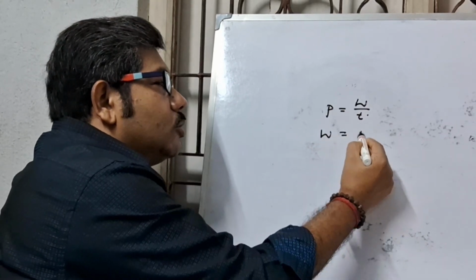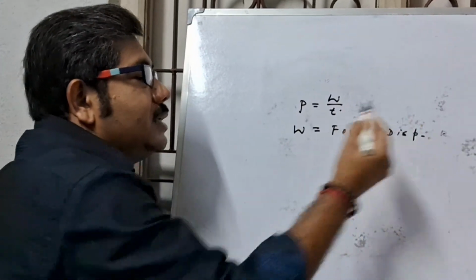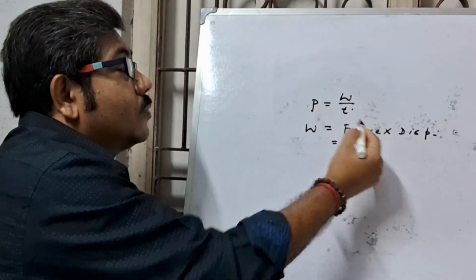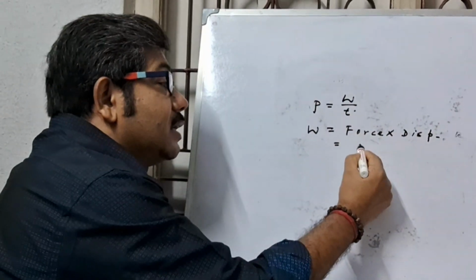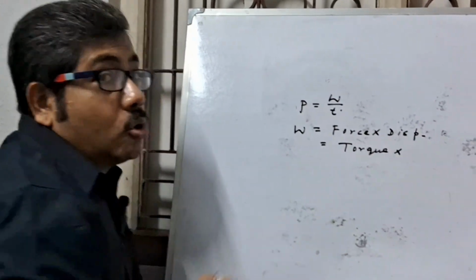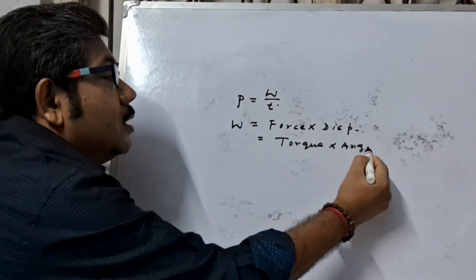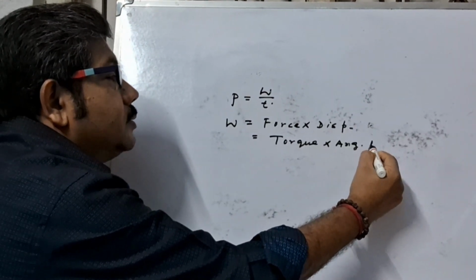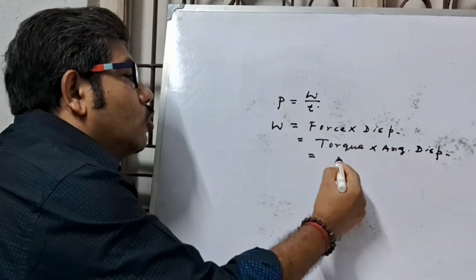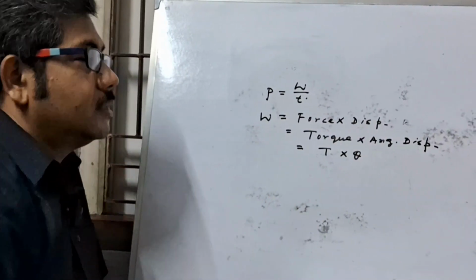We know that work done equals force into displacement, but here for a circular section force means torque transmitted, and displacement means angular displacement. Torque means T, angular displacement means theta.